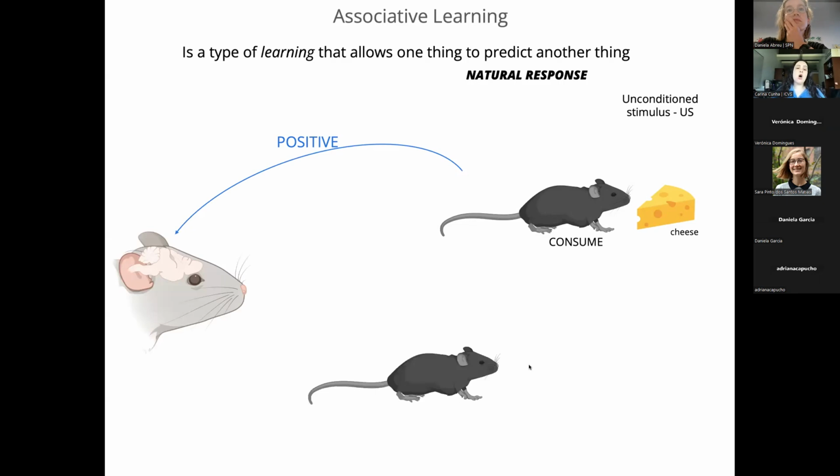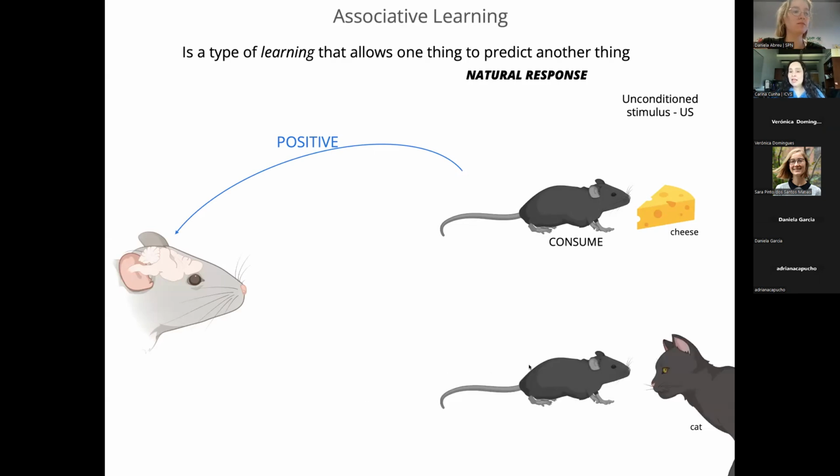On the other hand, if the same animal is in nature or in your neighborhood, and it sees a cat, which is a predator, even if it never saw one before, it will understand that the cat is a threat to its survival. So the mouse will try to escape as fast as possible.